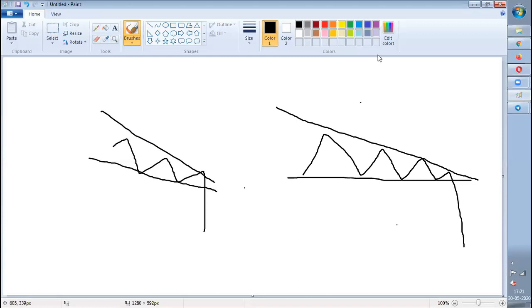But here what is happening is there is upside contraction and downside contraction also happening, and that is what is giving a breakout at the upper side. Got it, bro?